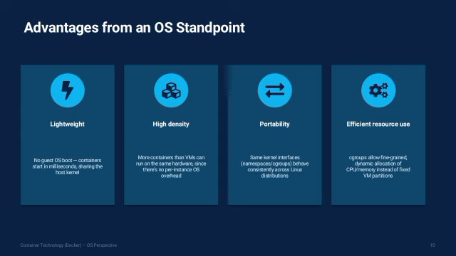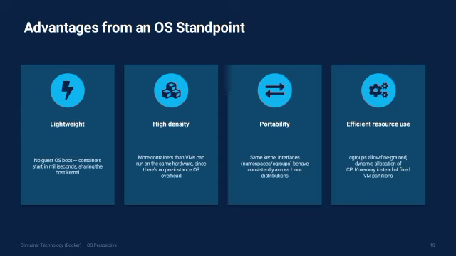Advantages from an OS standpoint. Given this design, let's look at the advantages Docker gets purely from being OS-native. First, it's lightweight. Since there is no guest OS to boot, containers can start in milliseconds. Second, high density. Because there are no per-instance OS overheads, you can run far more containers than VMs on the same hardware.